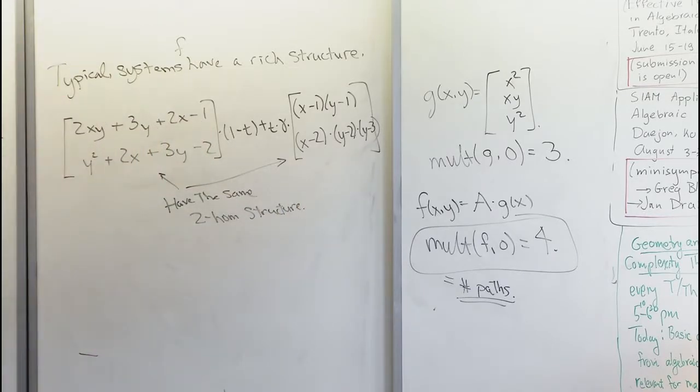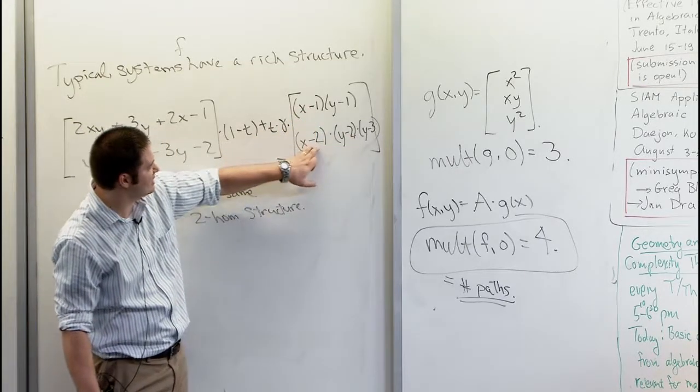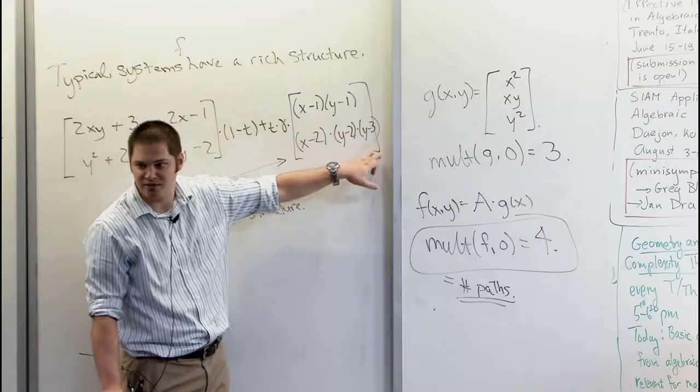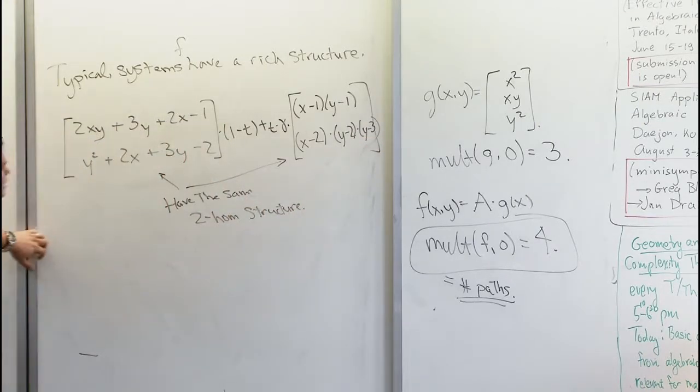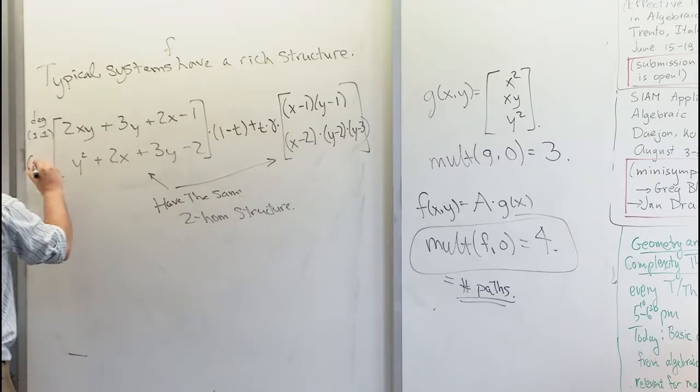And therefore, my theorem at the beginning of the lecture holds. For all but finitely many choices of gamma, you get exactly what the rest of the theorem said. And now, hopefully, you see how to count. The degree of this is 1,1, and the degree of this is 1,2.